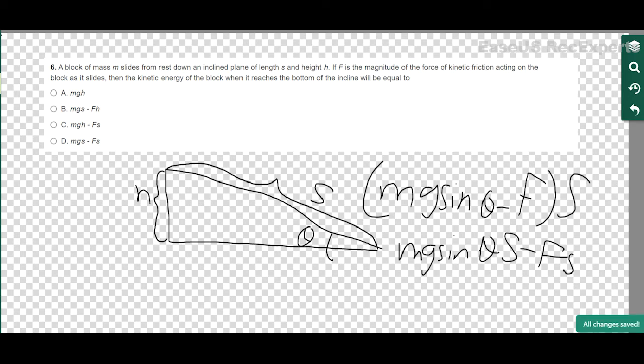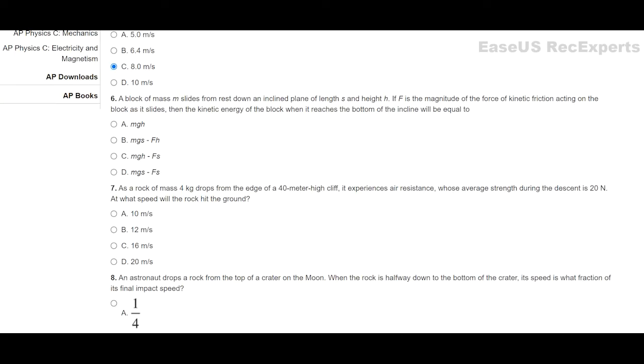But remember that sine theta times s is essentially h over s times s, so the s cancels out, and you do get h. So it would be mgh minus f times s if you were to simplify. And this corresponds with choice C.